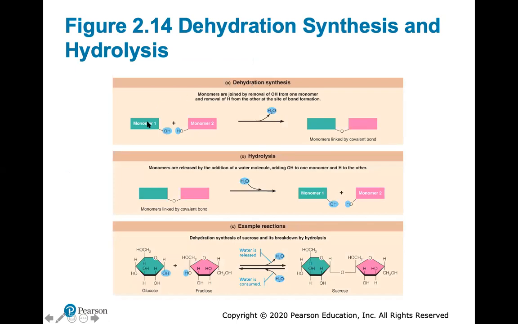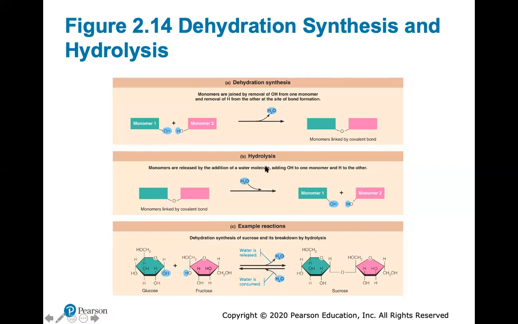It's taking 2 monomers, and if we take out an H2O, which is shown in blue here, it allows the 2 monomers to be linked by a covalent bond with just that oxygen. So a dehydration synthesis basically takes out extra atoms that you don't need in order to bind 2 monomers together.